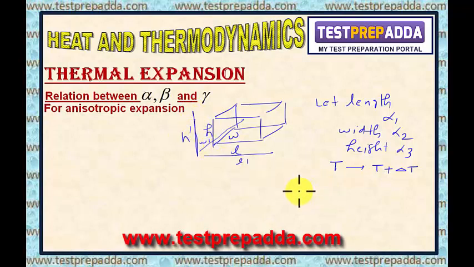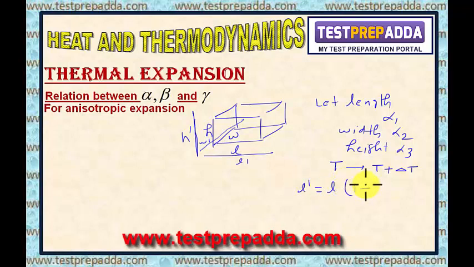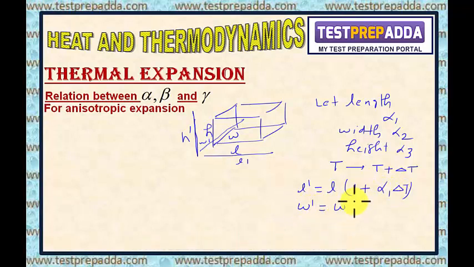So I can write now L dash is equal to L into 1 plus alpha 1 delta T, and W dash is equal to W into 1 plus alpha 2 delta T, and H dash is equal to H into 1 plus alpha 3 delta T.